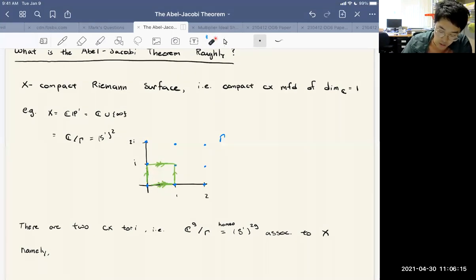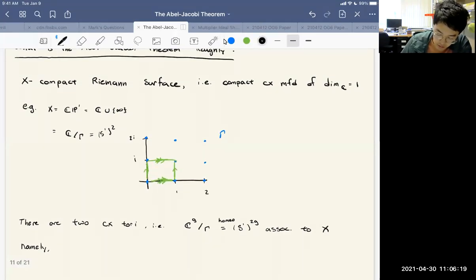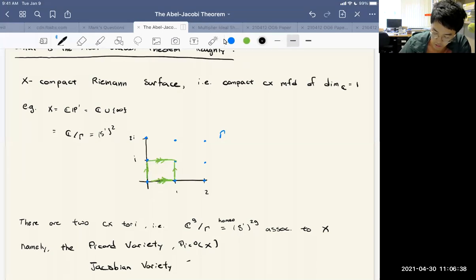The two natural complex tori associated to this Riemann surface are the Picard variety, denoted by Pic0 of X, and the Jacobian variety, denoted by Jac of X.